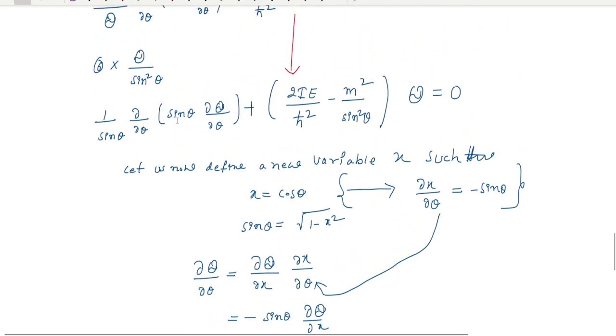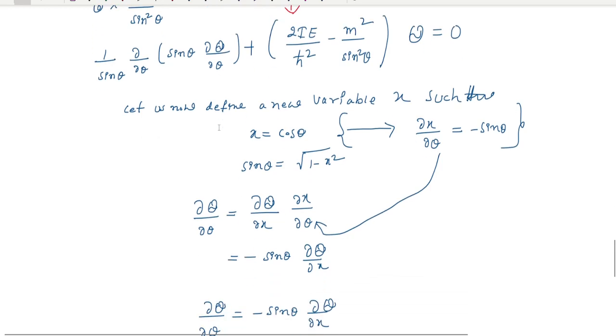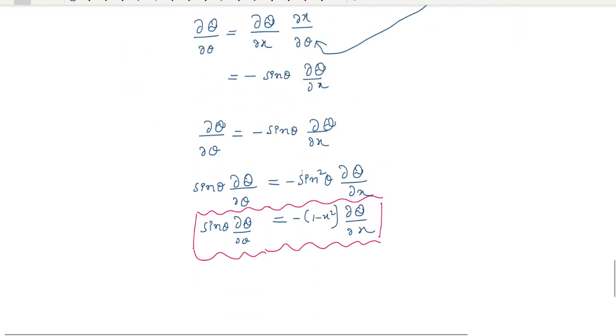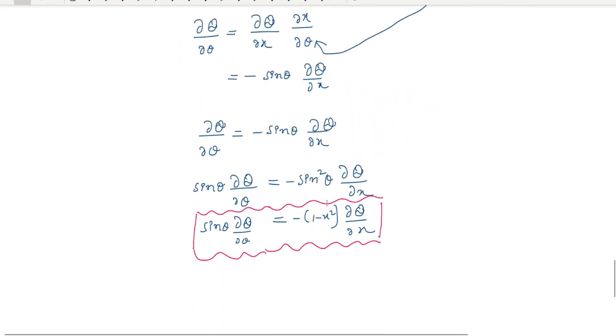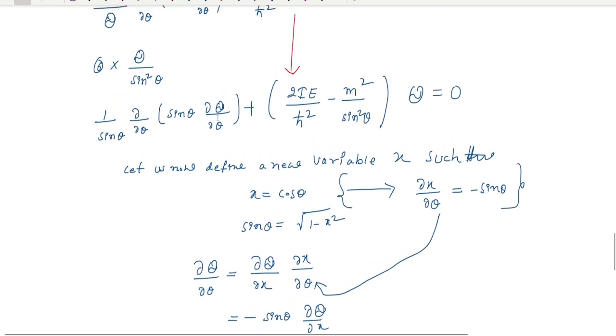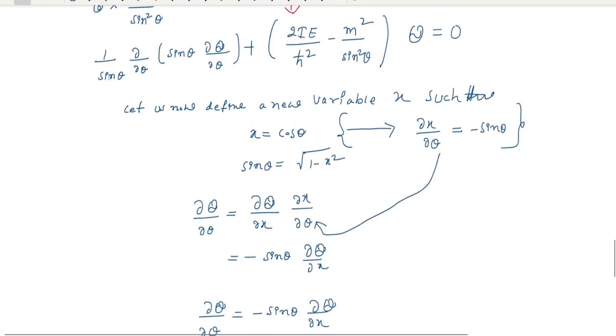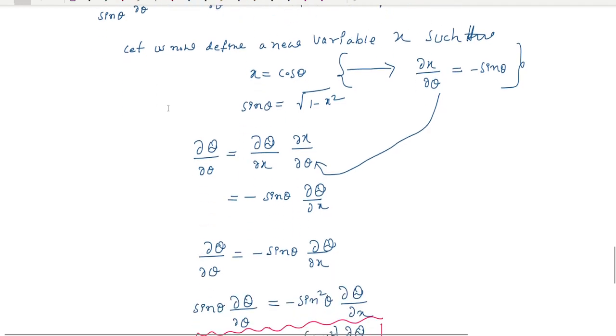Here sin theta dou by dou theta, we need to use minus 1 minus x squared dou by dou x. 1 divided by sin theta dou by dou theta is there.